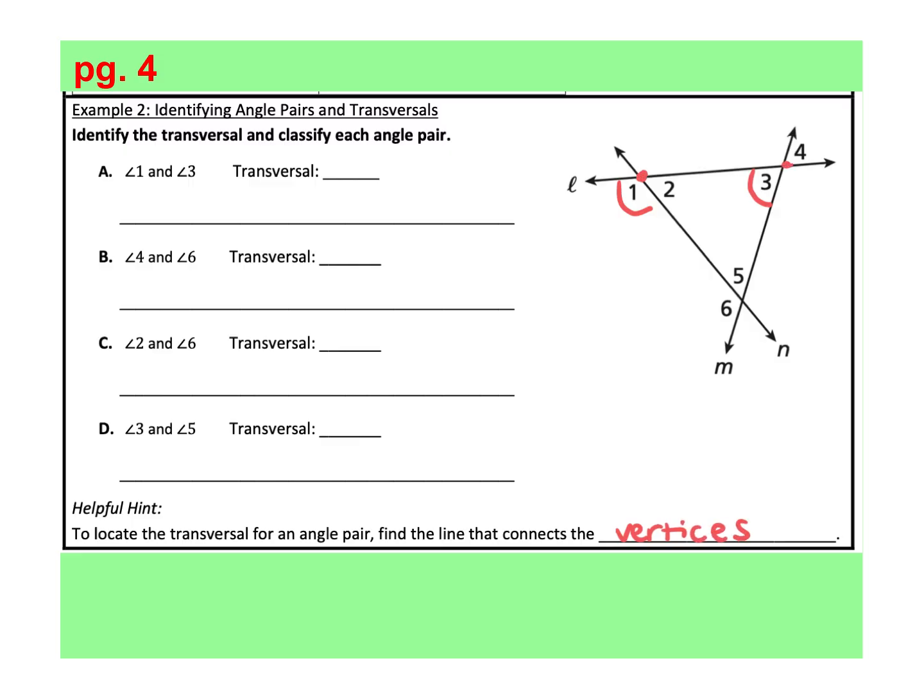So if I connect the lines right here, my transversal for angle 1 and angle 3 has to be line L. And then notice that 1 and 3 are on the same side of the transversal and they're in the same position, to the left of the line, to the left of the line. So that makes them corresponding.